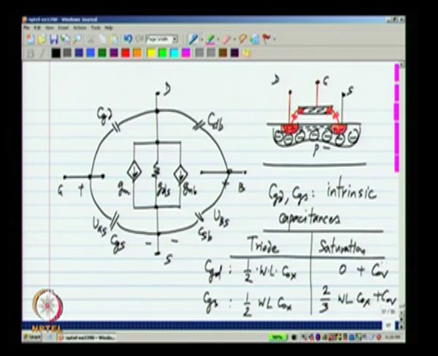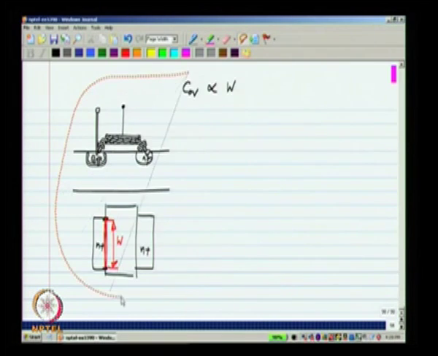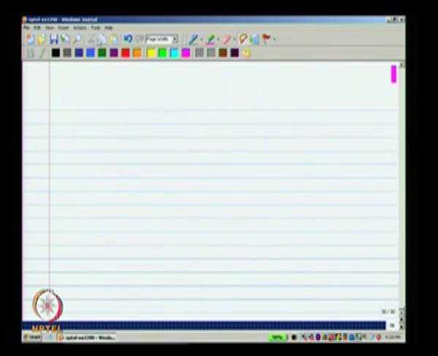So, I will denote these as COV prime, which is the capacitance per unit width, times the width of the MOSFET, and exactly the same thing holds for CGS as well, plus COV prime times W. So, those are extrinsic capacitors, but they will be there anyway when you have a MOSFET. So, you also have to model them.